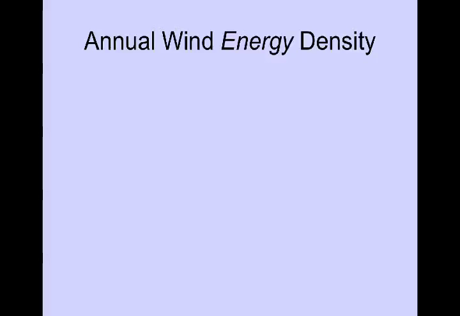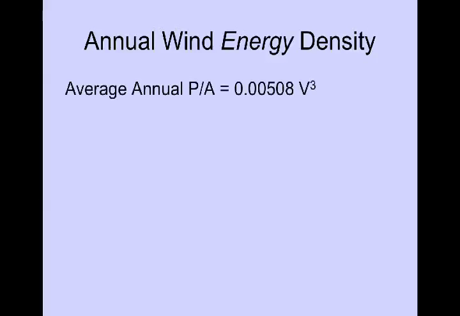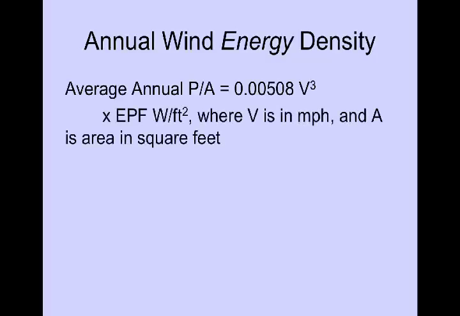So on page 39 of the book, it begins discussing energy density. We're going to use an example from the middle of page 39. So we're going to use a density of 0.00508. That's the density of the wind that would get multiplied times V cubed, multiplied again by this EPF, known as an energy pattern factor.